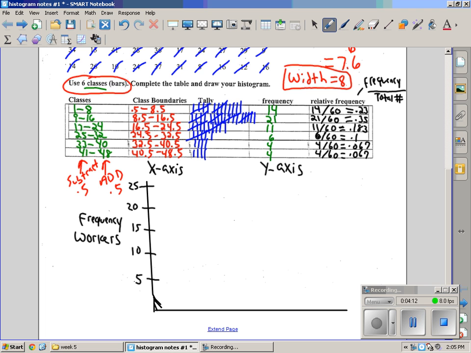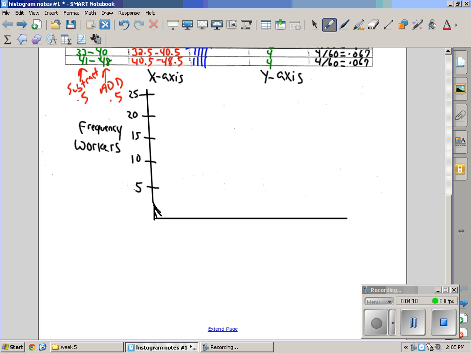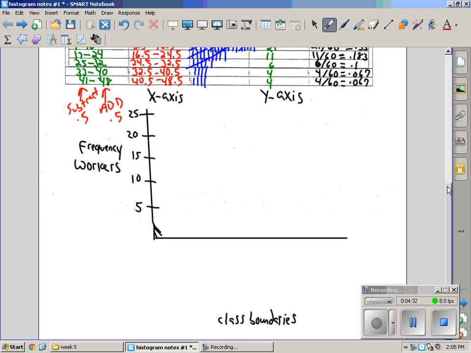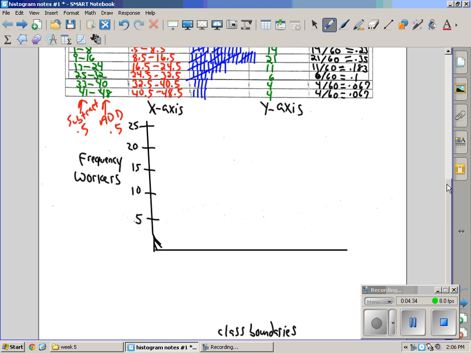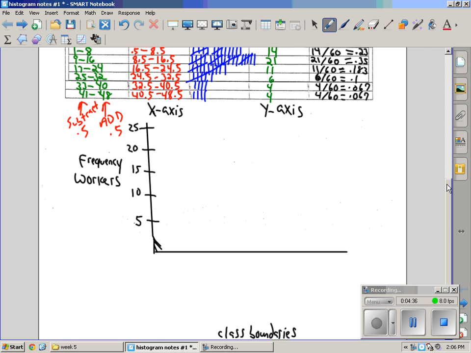Okay, so again on the x-axis now, we're going to do the class boundaries. Write down class boundaries. But what are those class boundaries?